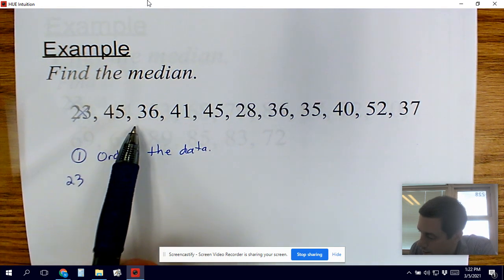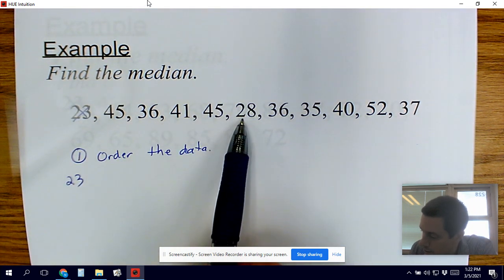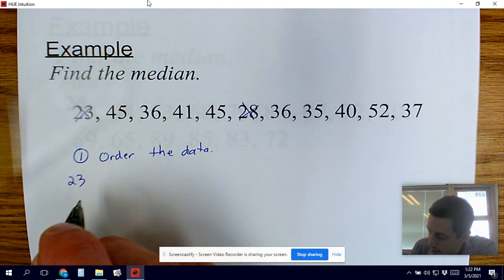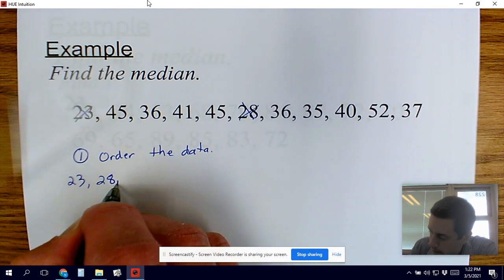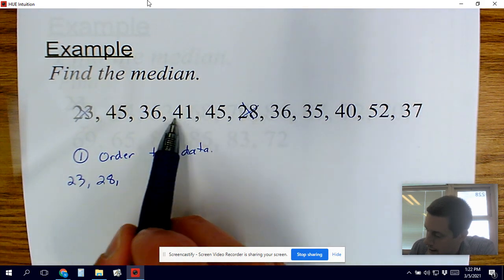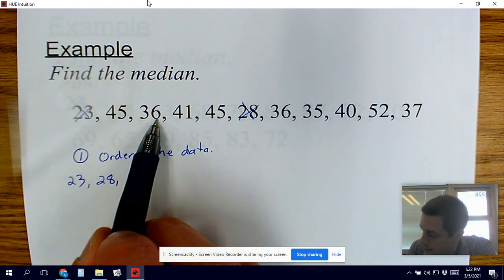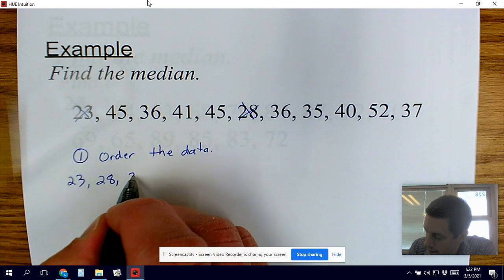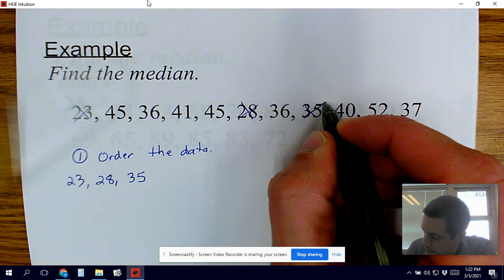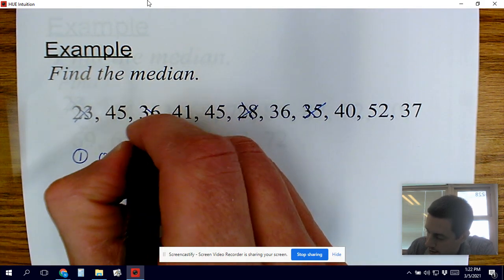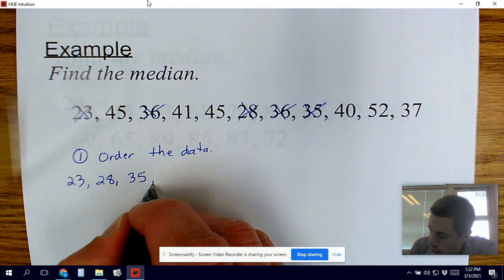Next, after 23, looks like we have a 28 is the next least value. After 28, I don't see anything else in the 20s, so checking our 30s, looks like 35. And then 36, there are 2 of them, so we'll record both.